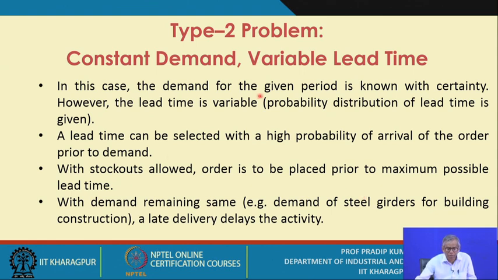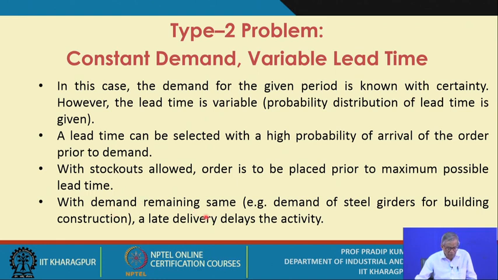So, in this case the demand for the given period is known with certainty, however, the lead time is a variable. Probability distribution of lead time is given. Okay. A lead time can be selected with a high probability of arrival of the order prior to demand. Is it okay? With stockouts allowed, order is to be placed prior to maximum possible lead time.